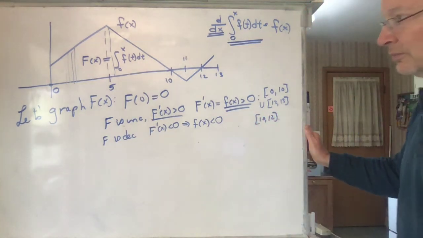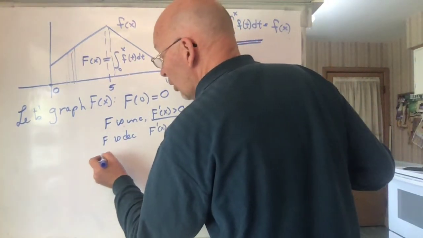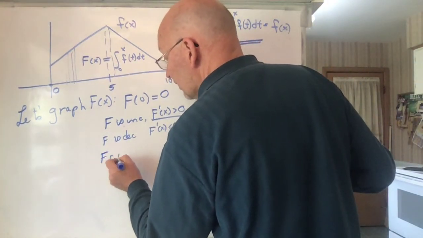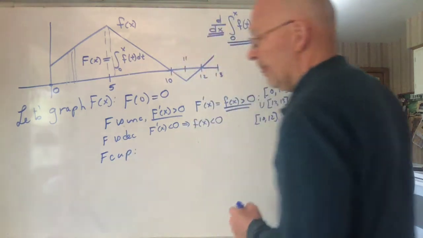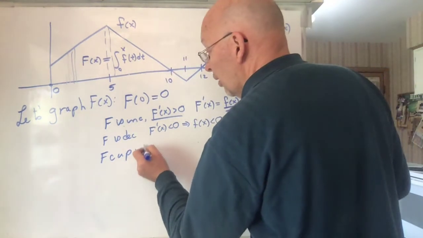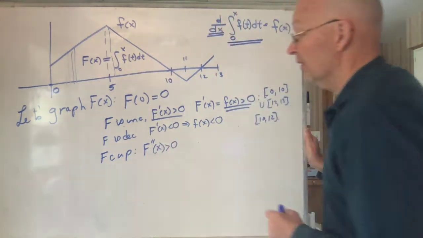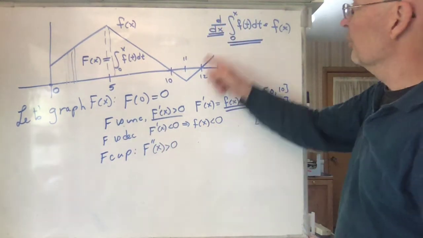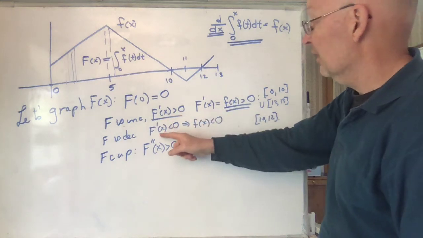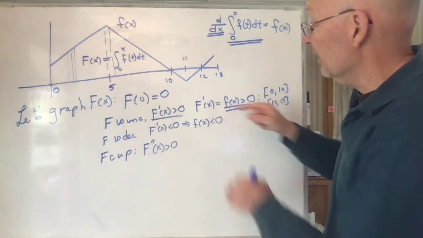Okay? How about this one? Where is f concave up? F is concave up whenever its second derivative is positive. The second derivative of capital F is just the derivative of small f, right? Look at here.